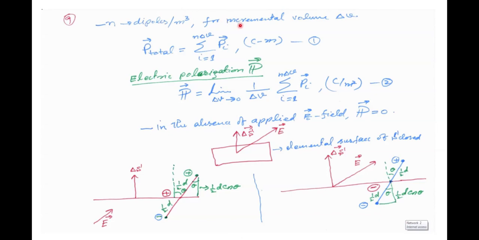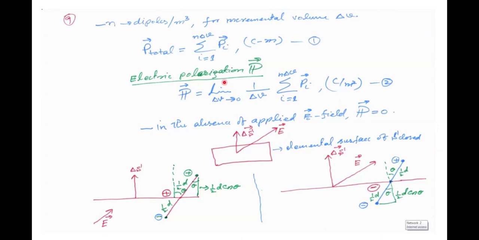So if we are dealing with the incremental volume delta V, then the total dipole moment is obtained by the vector sum of all electric dipoles, from i equal to 1 to n, times delta V. The unit of electric dipole moment is coulomb meter.